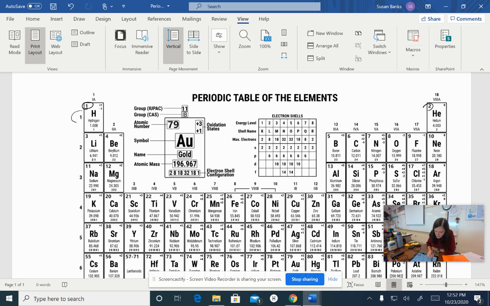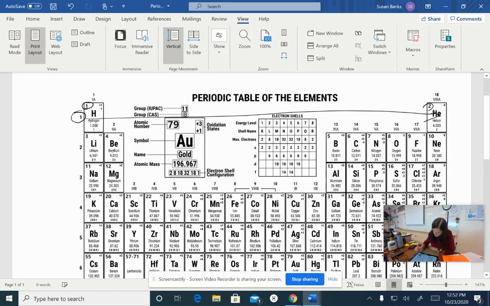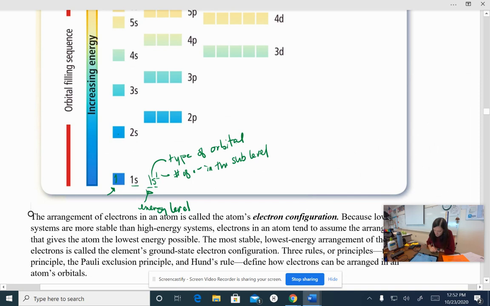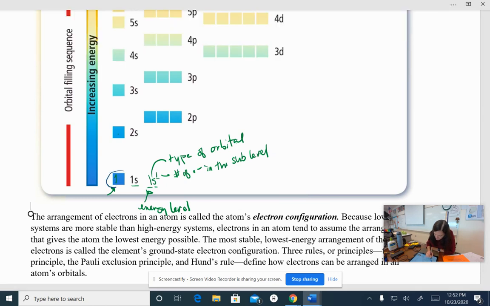So notice I'm still in that first energy level. Okay? So let's look at my hotel analogy. So in my hotel analogy, this is my lowest electron level. It's not full because remember I can put 2 electrons in each of these orbitals. So I'm going to put a downspin in here.